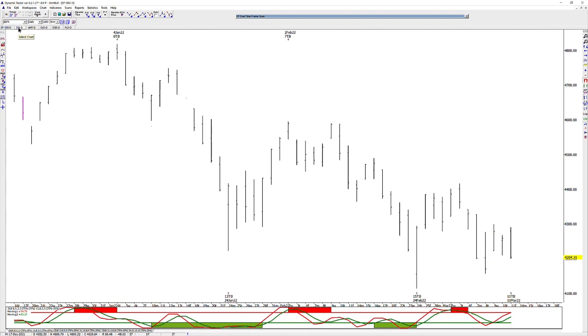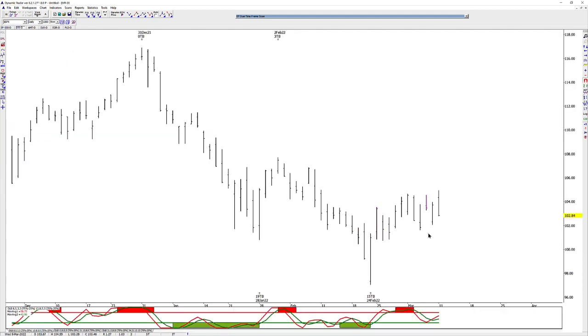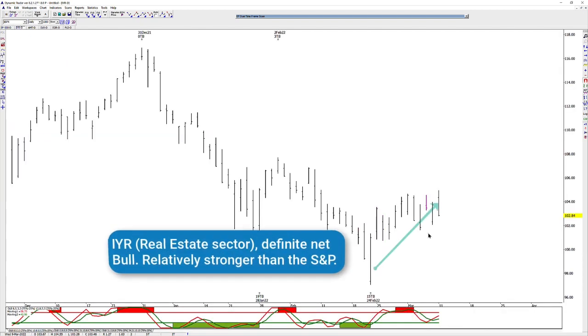Look at IYR. Just by looking at this, we can say IYR has been relatively strong the past couple of weeks. It made a low around the same time that the S&P did, but it's been stronger over the last 2 to 3 weeks. That's one of the reasons that it showed up in those results. It's in a relatively strong position and it should be in a good position to continue a bull trend.